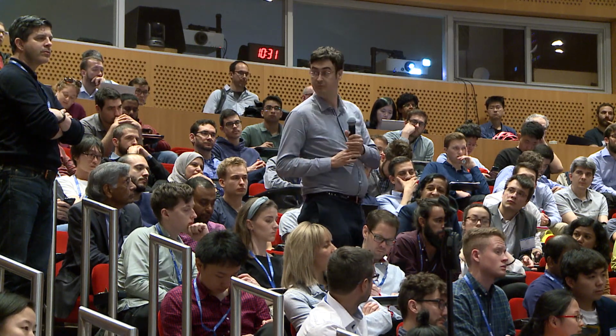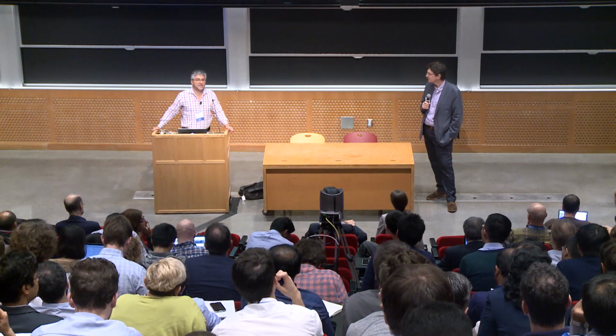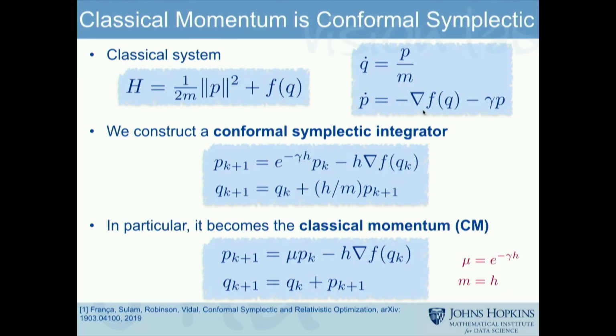Yes. I didn't say anything about the second part of my talk that was going to be about splitting methods. So you're totally right, and this is maybe one particular example. You can see here that the flow is, in a sense, the sum of two terms. So what we have done is exactly that form of splitting. You can compute the flow for one, the flow for the other.